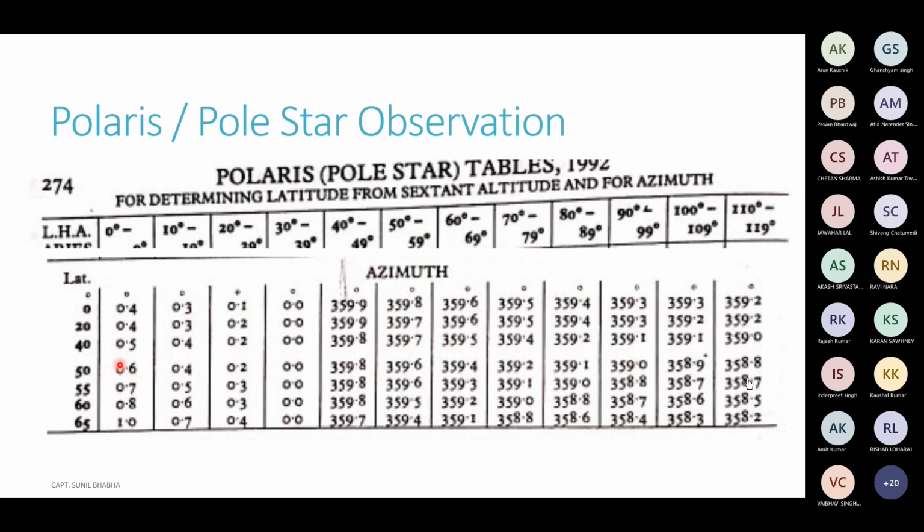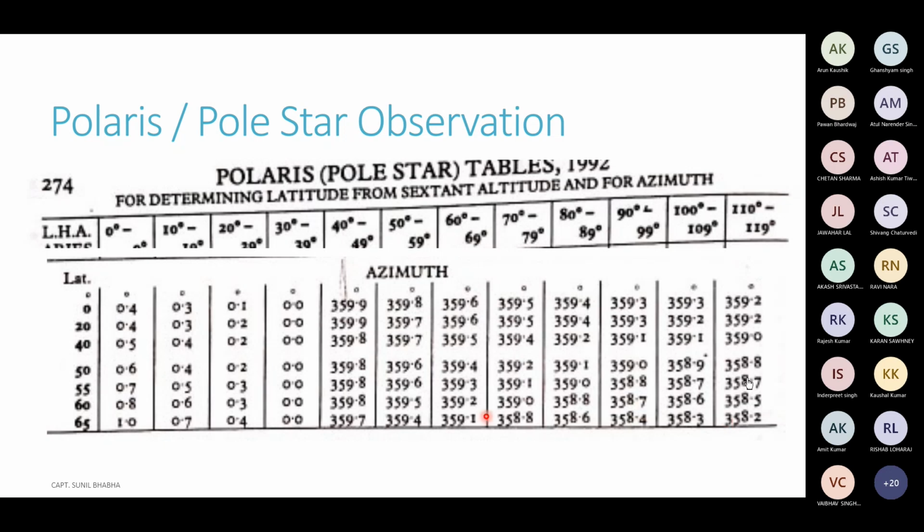So you can see the azimuth, this is the first page of the table. The table runs into 3 pages. So you can see the azimuth varying from 1.0 to 358.2. So this is the usual variance between the azimuth.